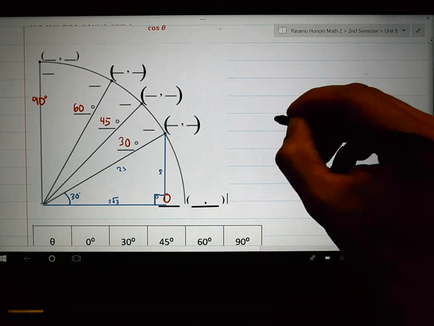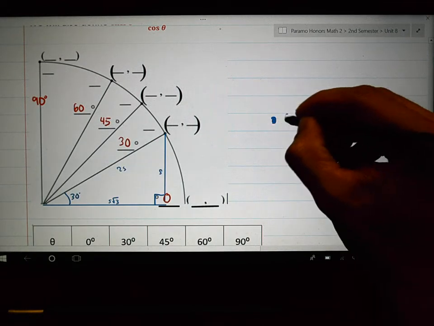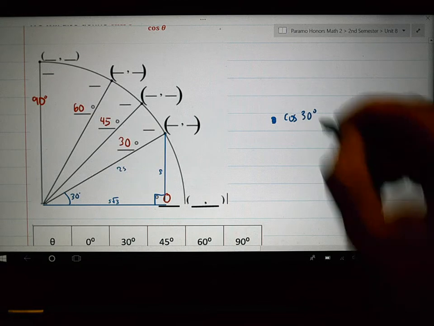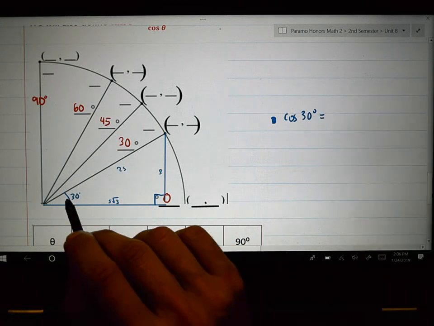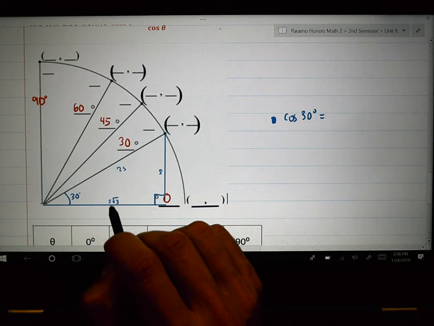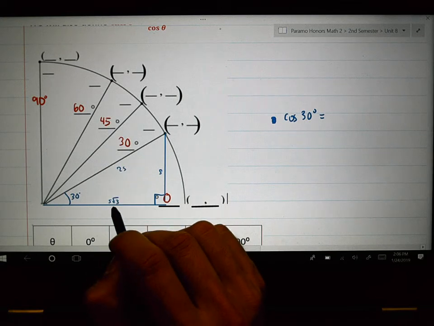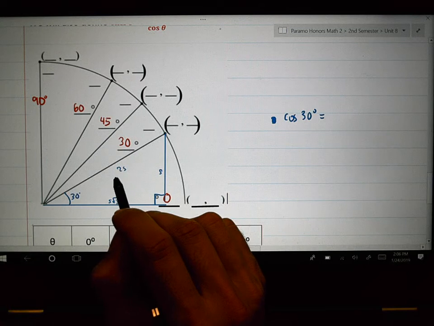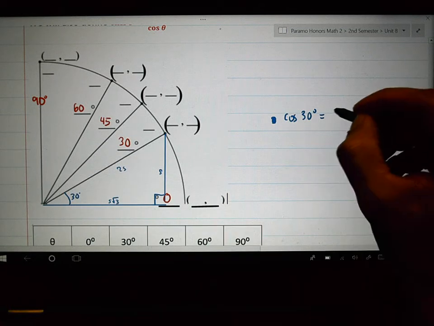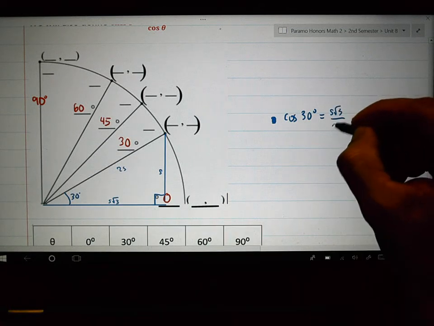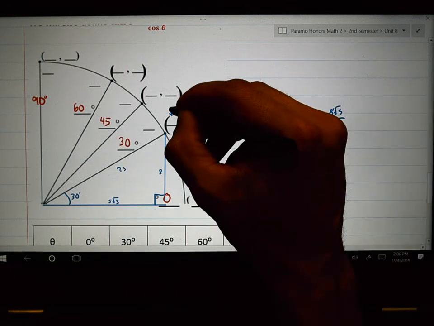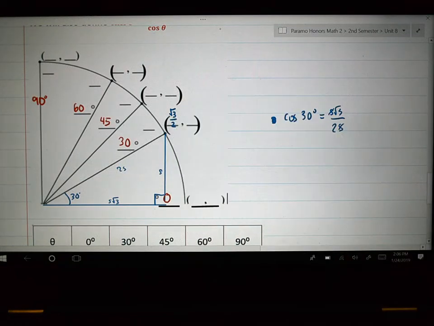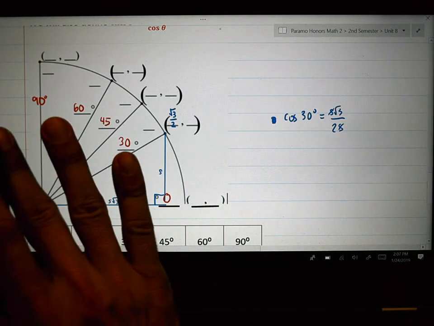Meaning, if I want to know what the cosine of 30 degrees is, cosine of 30 degrees is the A over H. All I do is this over that, and I know what it reduces to. It always reduces to the same thing. Root 3 over 2, and that's my x coordinate for my unit circle. Cosine deals with your x.